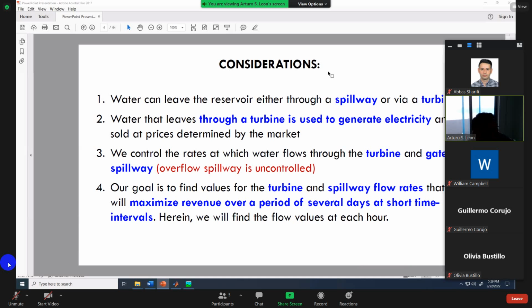And then, guys, the idea is that this power that is produced in the turbines, we can sell at the market price.